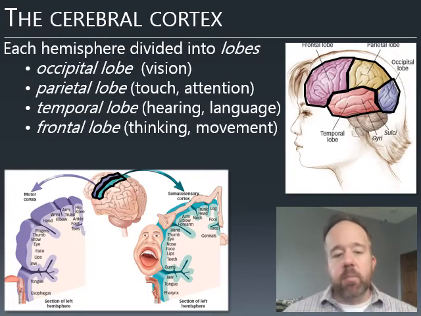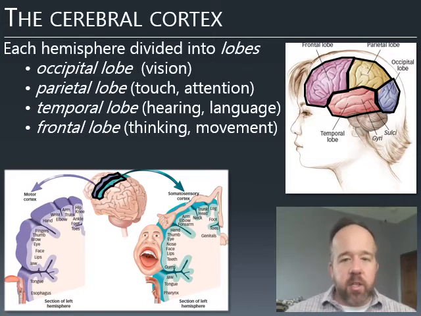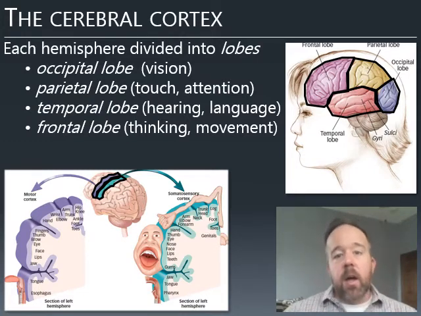And motor cortex is mapped very similar to somatosensory cortex. So here, you have sort of the motor equivalent of what I just described for somatosensory cortex in the parietal lobe. If you stimulate part of motor cortex, the corresponding part of the body will move. And not because the person wanted to, but just because those neurons have become artificially active.